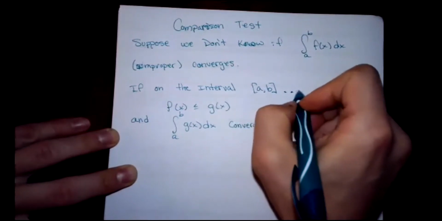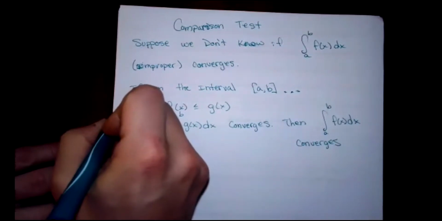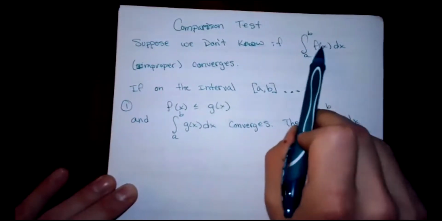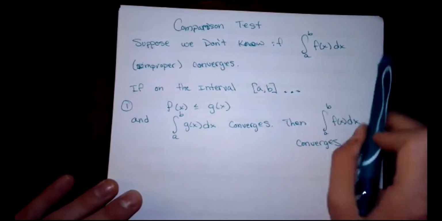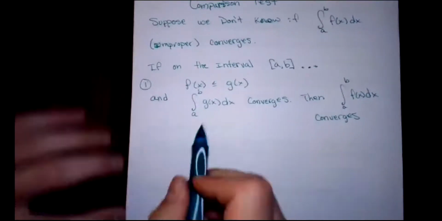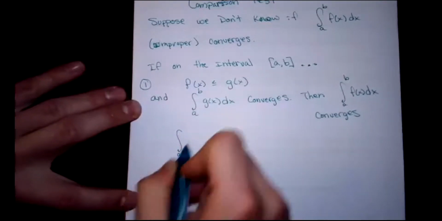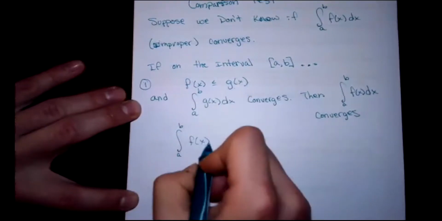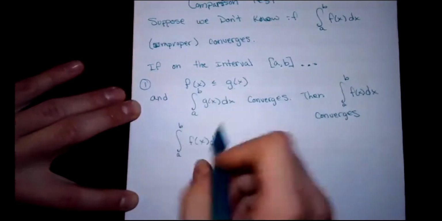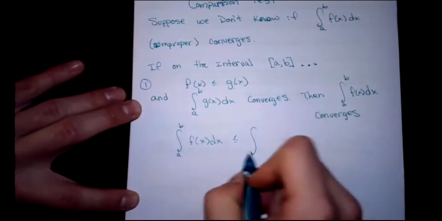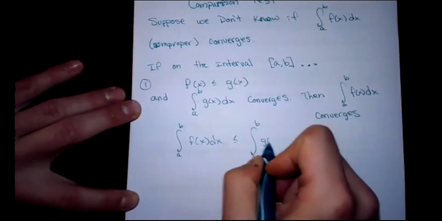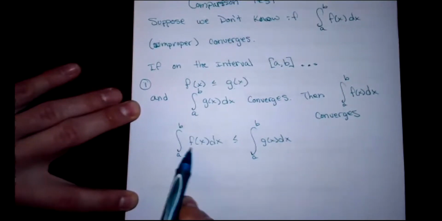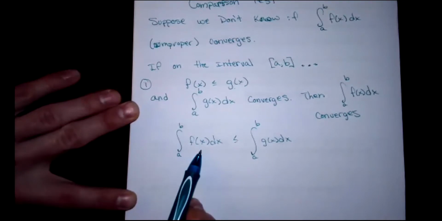So this is sort of like our case one. If I can bound this function by something bigger that is finite, let me write it out. So we're comparing these two. Since g of x is bigger, that means the integral has to be bigger. So think of it, if this has to be a finite number, then this has to be a finite number as well.